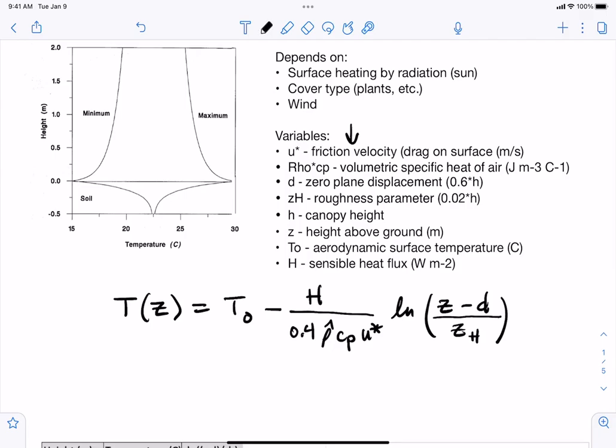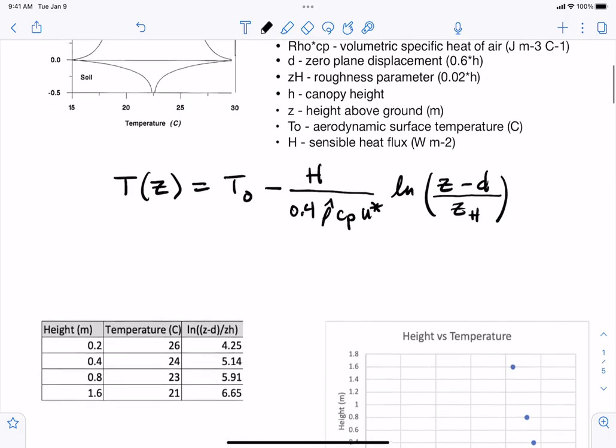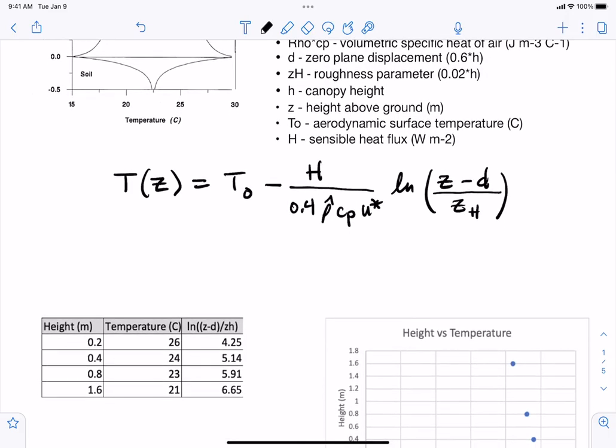But one of the problems is often we don't know things like h, our sensible heat flux, and U star, our friction velocity. One of the things that we notice about this equation that's interesting is that it's set up somewhat like a linear equation. Well, you know a linear equation is just y equals mx plus b.